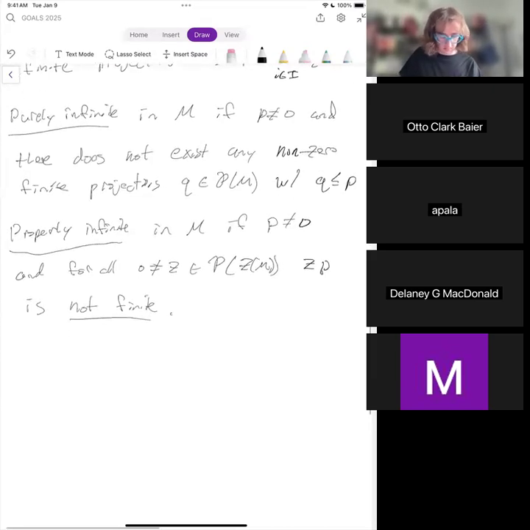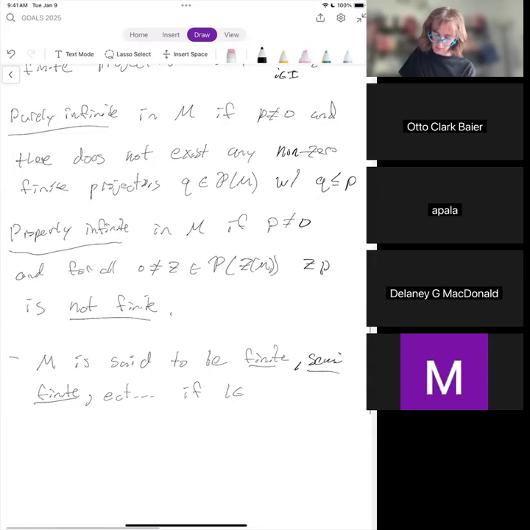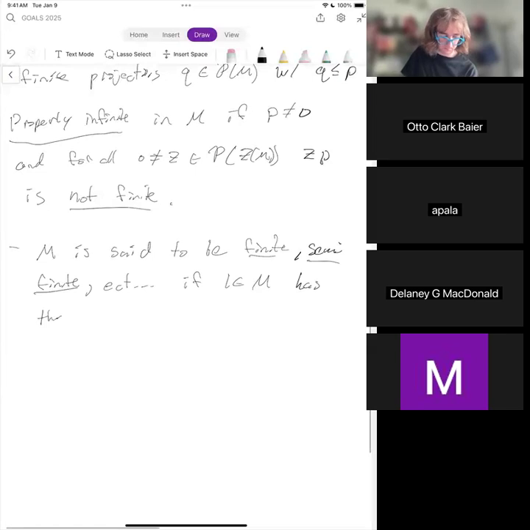And then we say that M is finite, semi-finite, purely infinite, etc., if the identity 1 has that property.